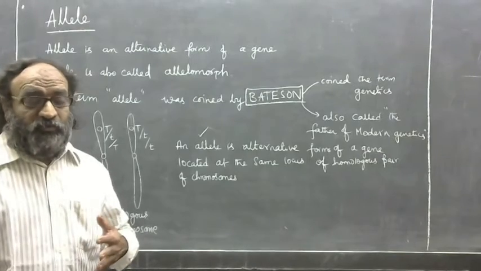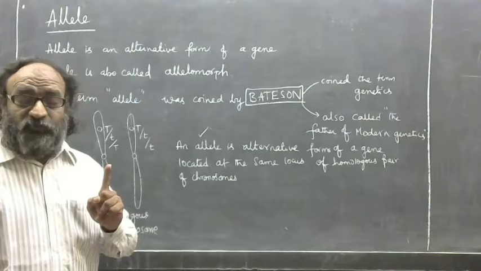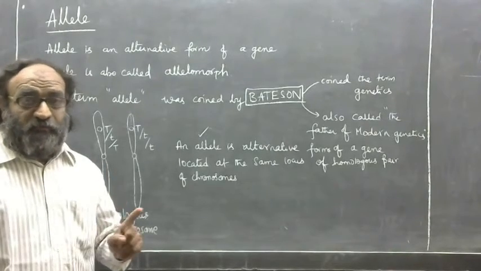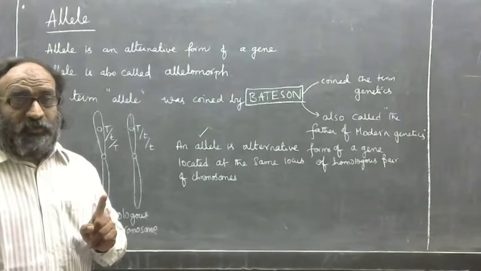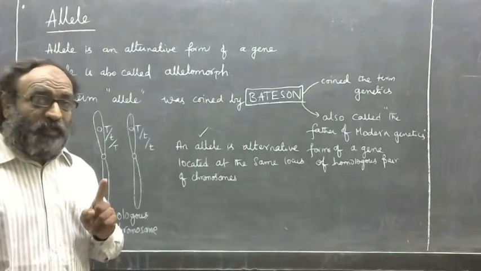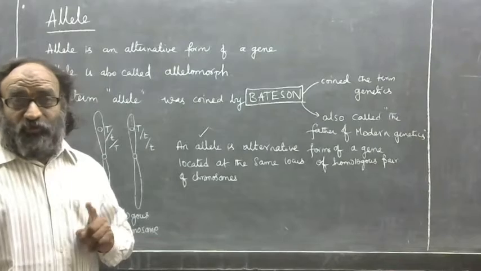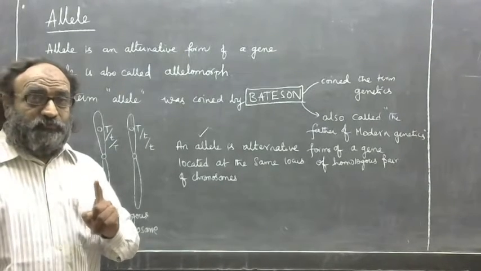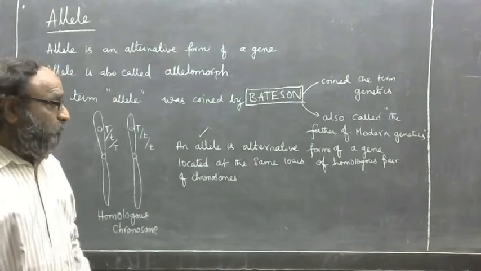Don't get confused. If I repeat, if the question is father of genetics, it is Mendel. If the question is father of modern genetics, it is Bateson. If the question is father of experimental genetics, it is Morgan. If the question is father of human genetics, then it is Garrod.